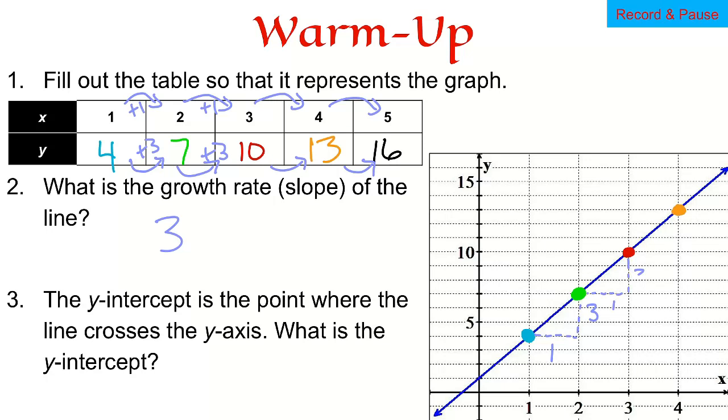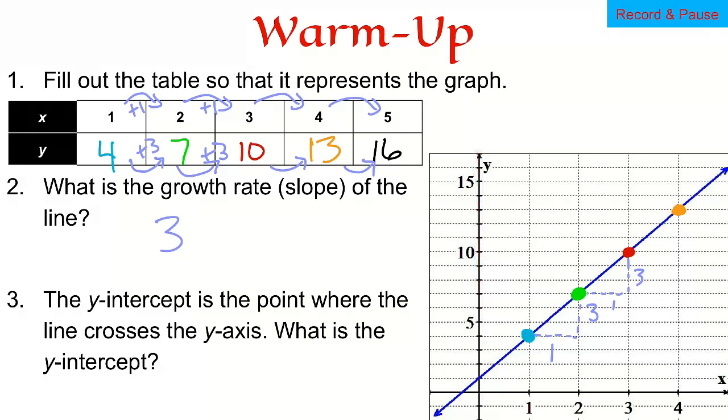And we can see that that keeps changing by the same amount. The y-intercept is the point where the line crosses the y-axis. So what is the y-intercept? Here is the y-axis.